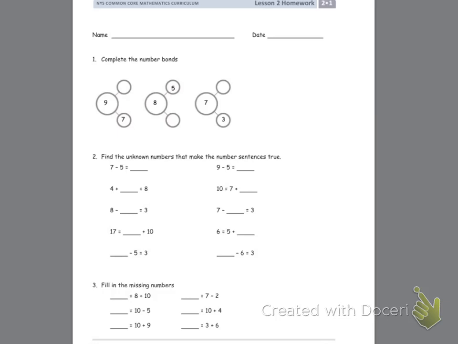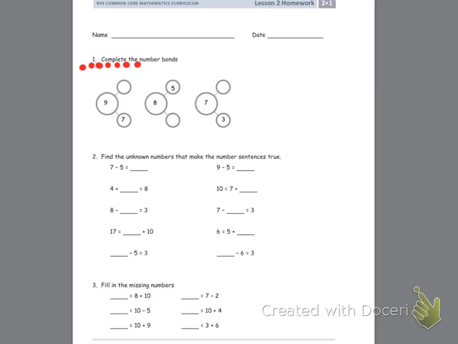So in the first illustration, 9 is the total or whole amount that you are going to be asking your child to make, and 7 is part of 9. So if you have 7, how many more do you need in order to have the total of 9? If your student is not very confident with knowing how to do that, you could have your child draw 7 dots, 1, 2, 3, 4, 5, 6, 7, using one color, and then switch to another color and have them count on.